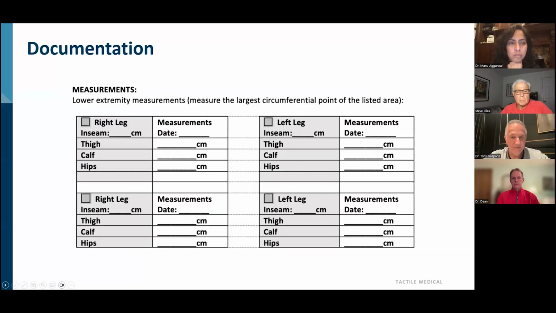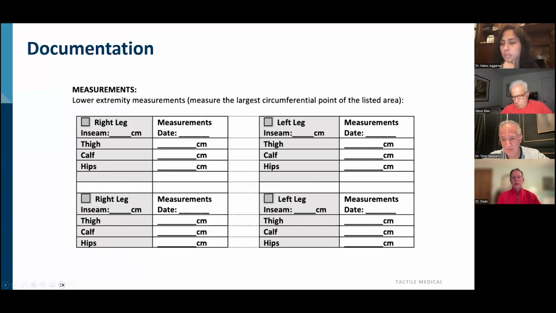Finally, there needs to be documentation of appropriate measurements of the lower extremities, and you can see here thigh, calf, and hips for each lower extremity, and it depends, of course, if you're getting bilateral or single limb, and that's pretty much it.